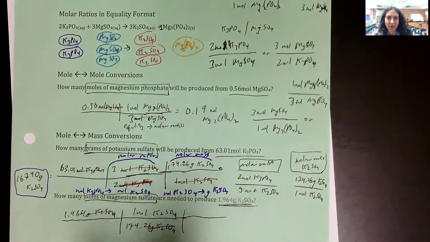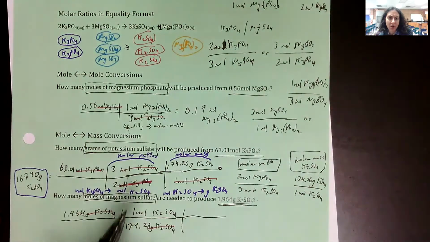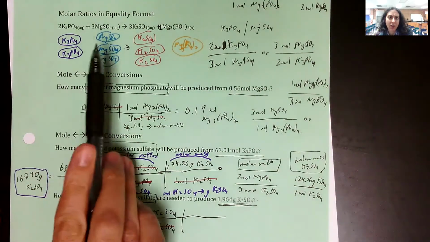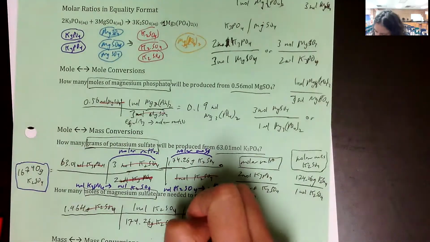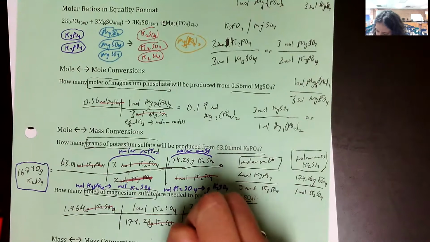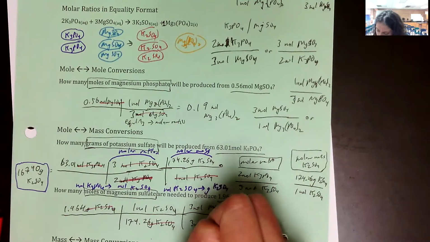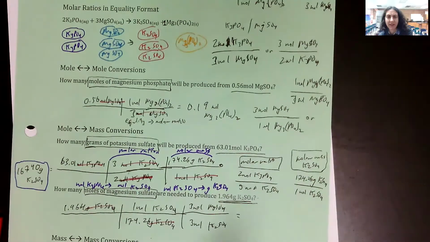But we have this balanced chemical equation, so that's great. It looks like we need 3 moles of magnesium sulfate for every 3 moles of potassium sulfate. That seems to be the ratio.